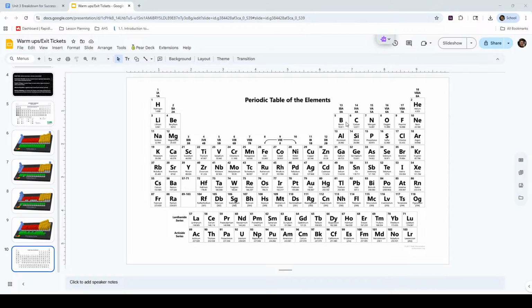Okay, so the third row, fourth row, fifth row are going to contain some post-transition metals. So this would be things like aluminum, gallium, tin, bismuth, to an extent polonium, and extending over here, indium, thallium, lead.